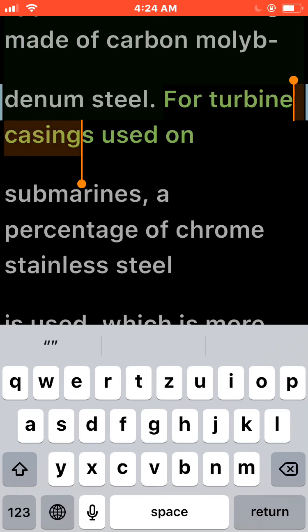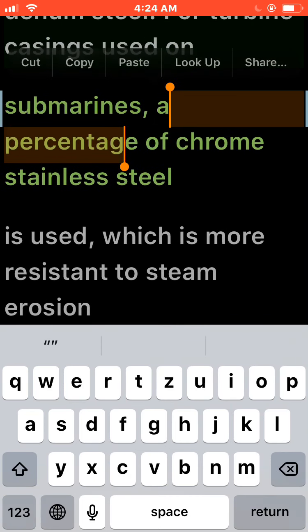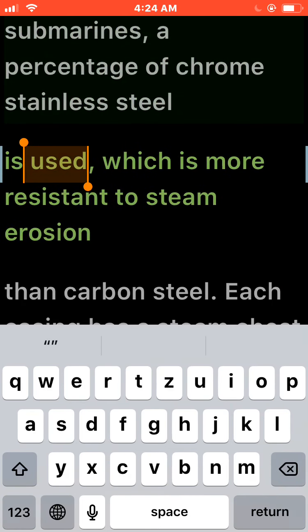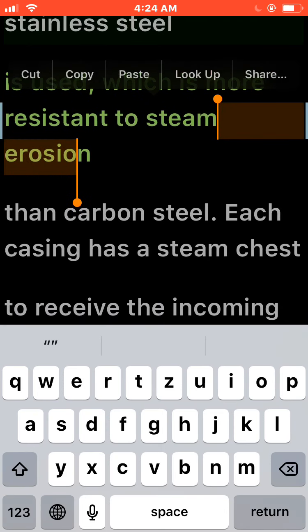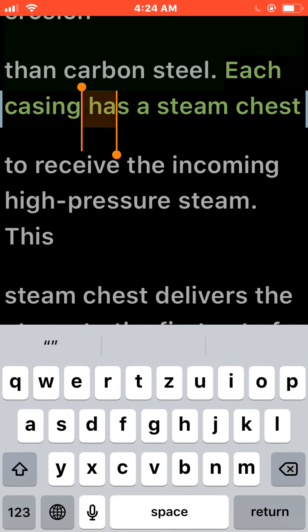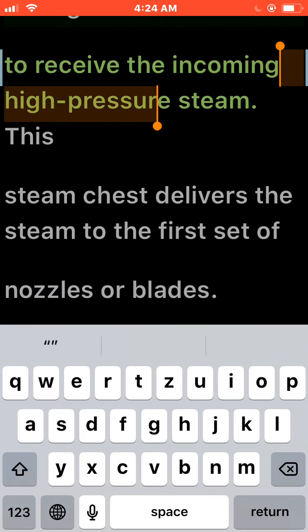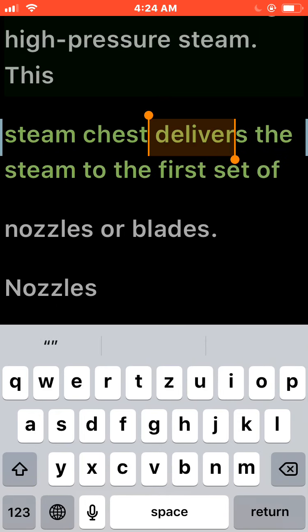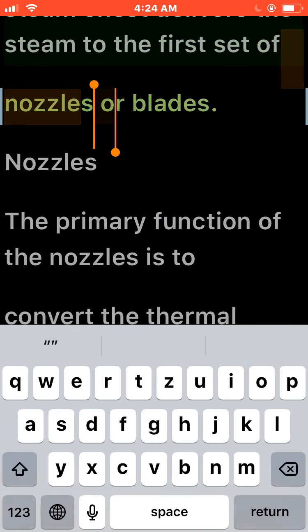For turbine casings used on submarines, a percentage of chrome stainless steel is used, which is more resistant to steam erosion than carbon steel. Each casing has a steam chest to receive the incoming high-pressure steam. This steam chest delivers the steam to the first set of nozzles or blades.